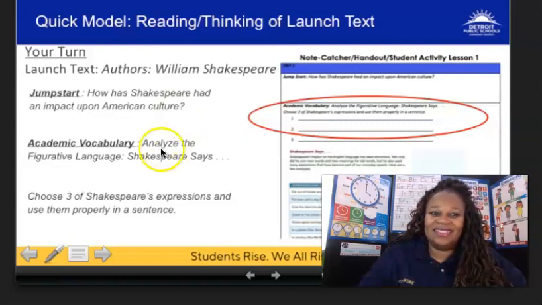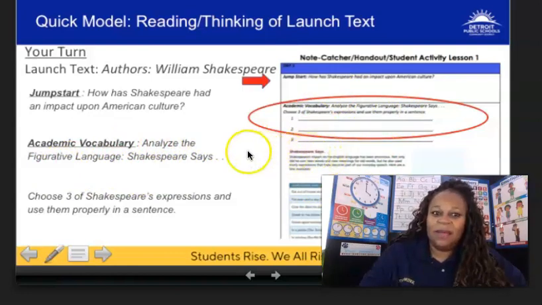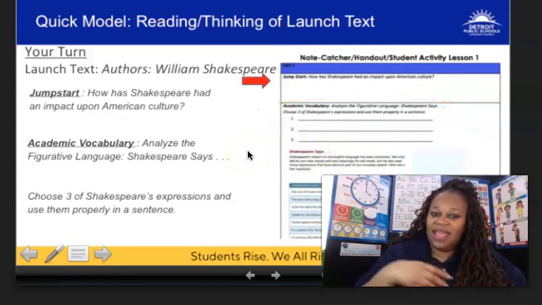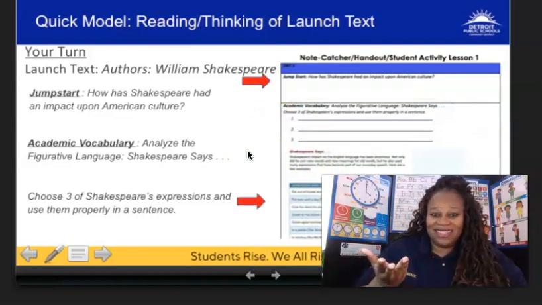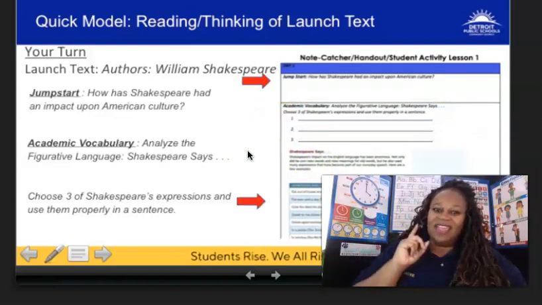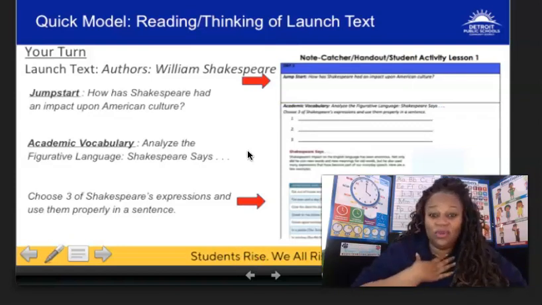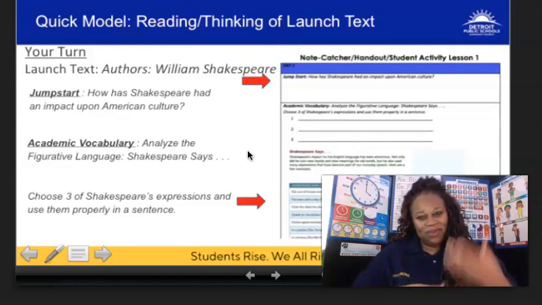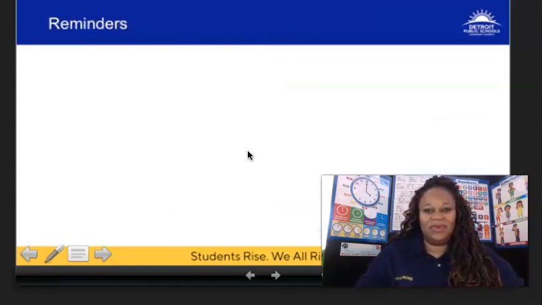And then next, analyze the figurative language in this activity Shakespeare says. Please choose 3 of Shakespeare's expressions and use them properly in a sentence. Simple enough. It helps us to know that you do understand the meaning and the proper use of figurative language.